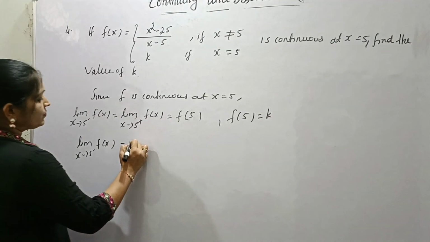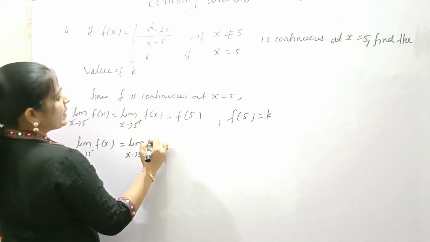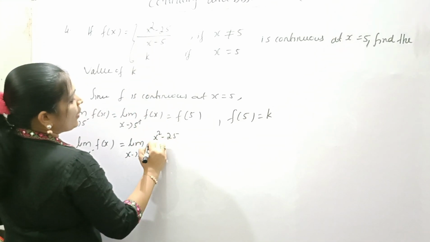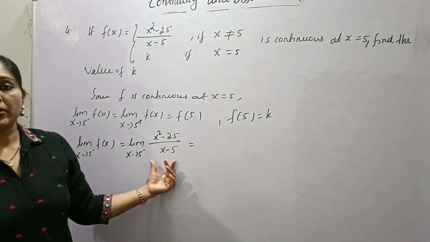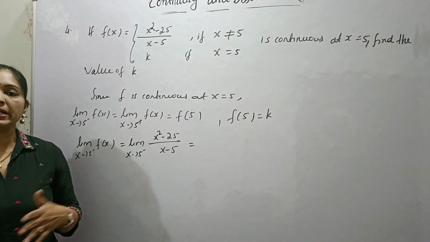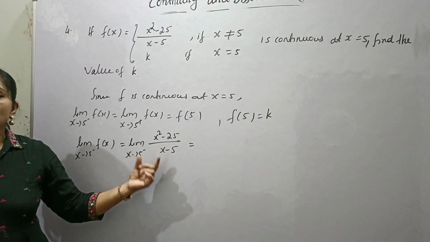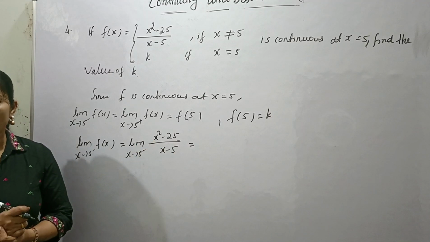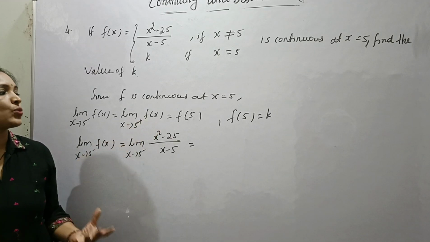That is equal to limit x tends to 5 minus of x square minus 25 divided by x minus 5. First of all we will apply the substitution method, that is substitute x is equal to 5. If we substitute x is equal to 5, we will get 0 in the denominator, that is not defined. Therefore, we will simplify this one.